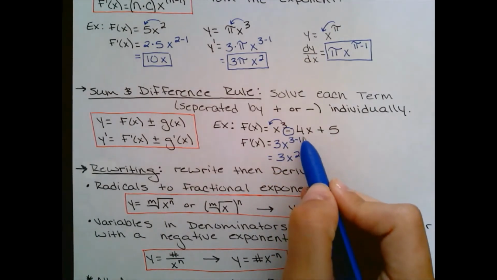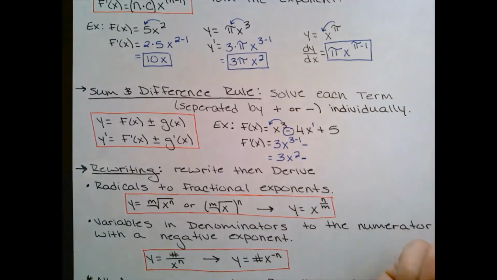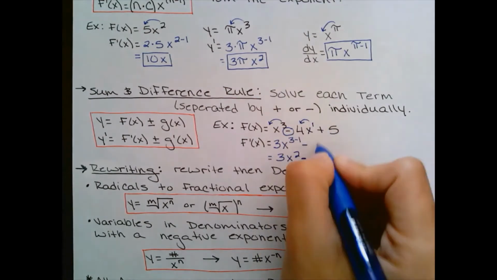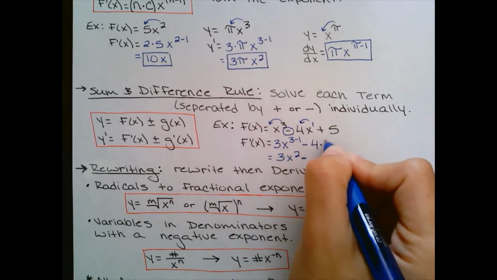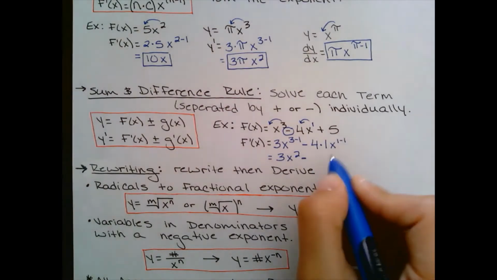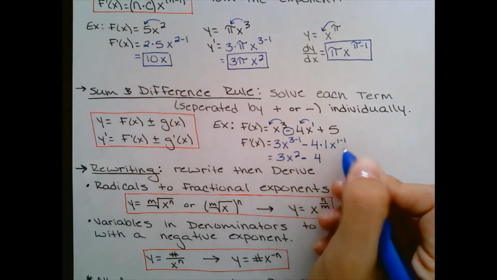Now, the derivative of 4x, technically I have a 1 up here in the exponent, so that is what I'm going to multiply to the front. So I have 4 times 1, x raised to 1 minus 1. So 4 times 1 is just 4. 1 minus 1 is just 0.